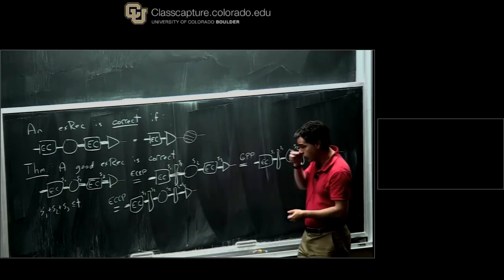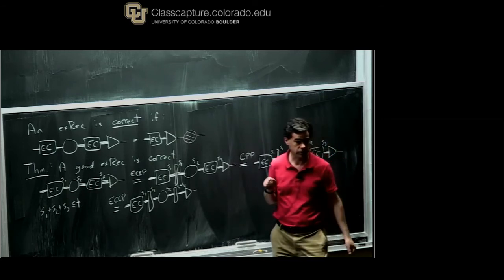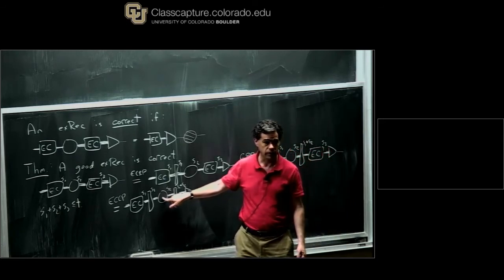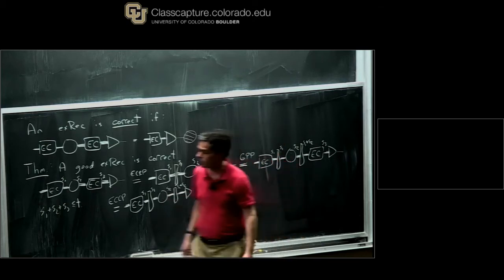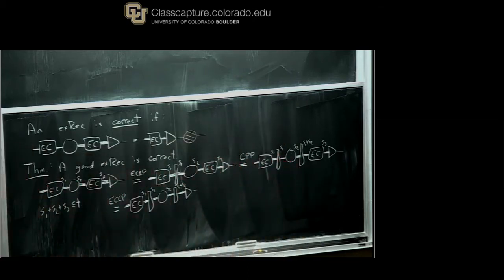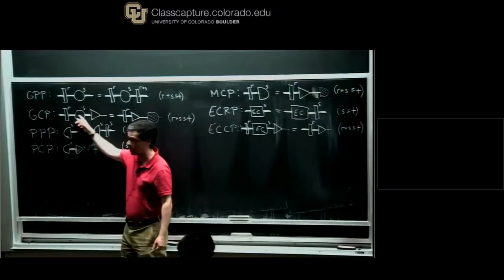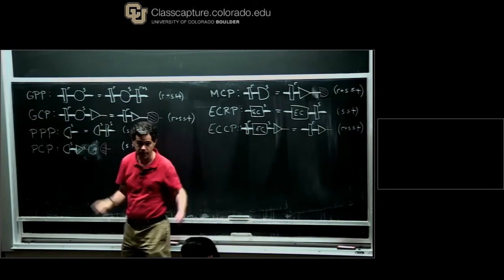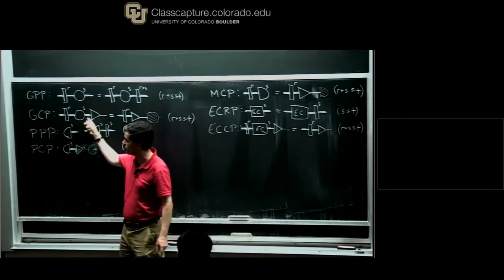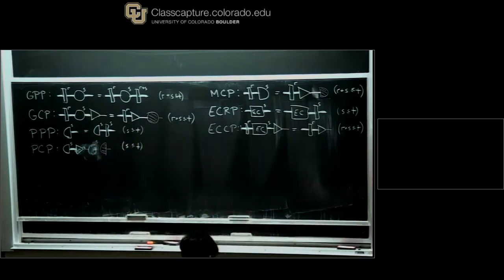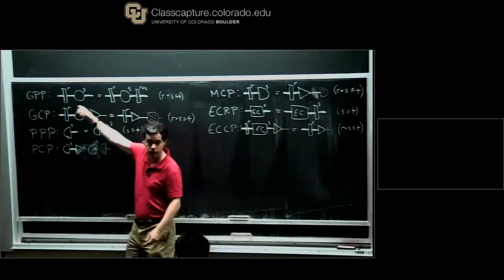Okay, so we've gotten rid of this trailing error correction step. So now we would like to push the ideal decoder back through this gate gadget. So we can do that using the gate correctness property up there, right? But let's look at the gate correctness property. It says filter, gate gadget, ideal decoder. And that's not what we have. We have filter, gate gadget, filter, ideal decoder. So we have to get rid of that filter. Well, how can we do that? The way we can do that is using this gate propagation property in reverse.